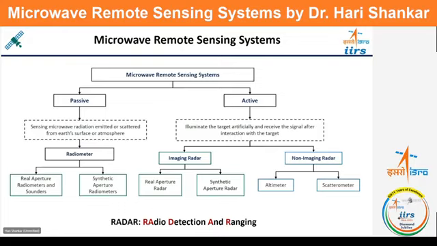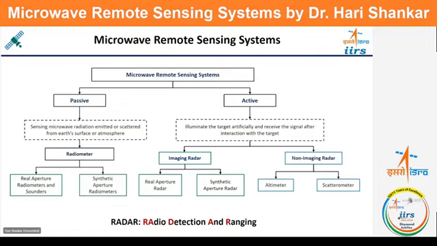So they have very, very little effect from the rain or the cloud or the fog or the smoke or any kind of dust which is there in the lower atmosphere. So these signals are not very much affected by those types of disturbances, or you can say these signals can penetrate those disturbances very easily.